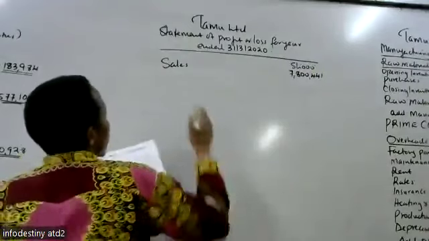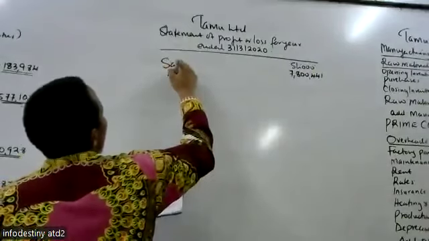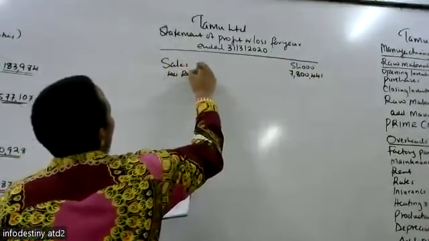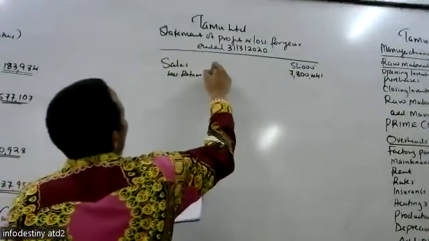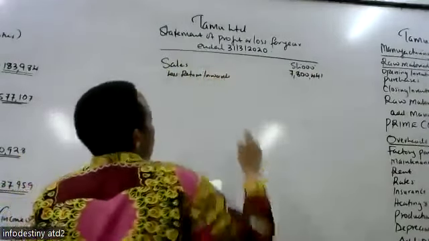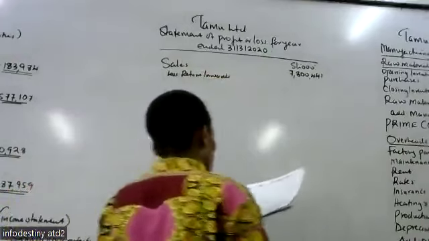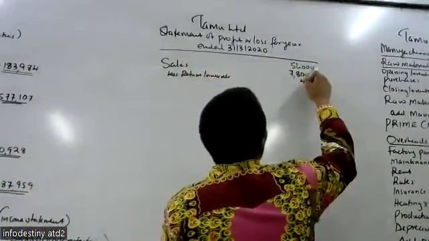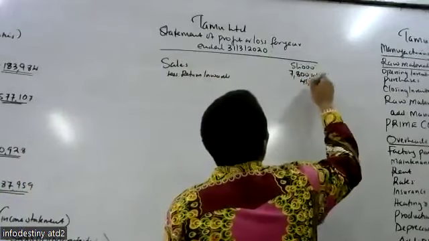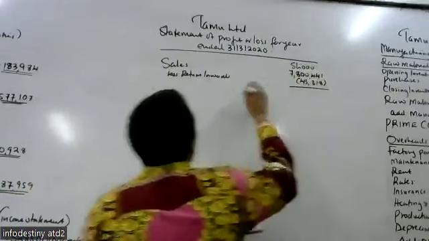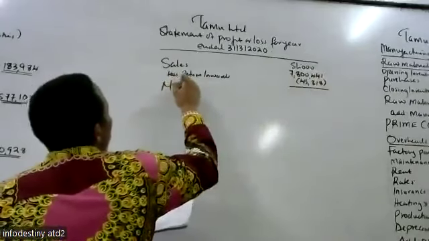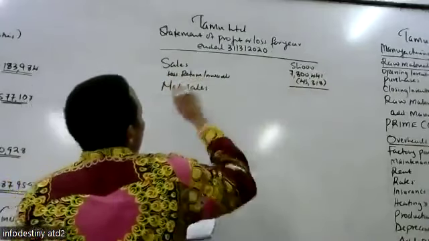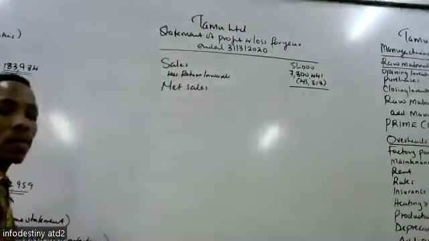So we less return inwards of 45,318, and we will have the net sales.